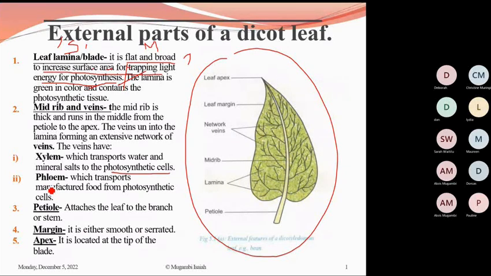So we'll see that in support and movement in plants and animals. Then the other one is the petiole. The petiole will attach the leaf to the branch or the stem. And then we have the margin, which can be either serrated or smooth. And then we have the apex, which is located at the tip of the blade.